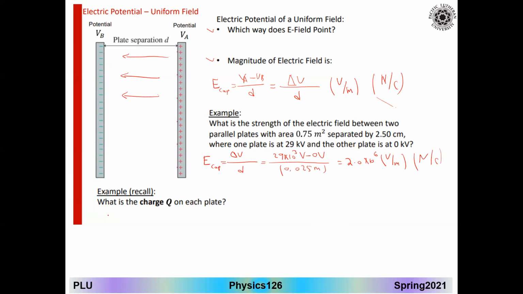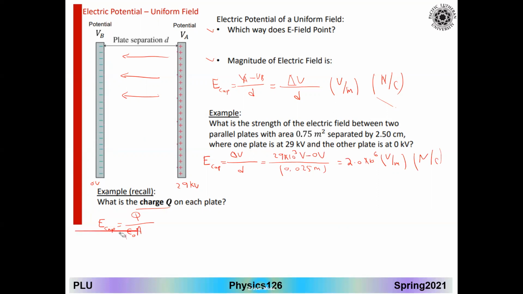Now, the second question asks what the charge is in that situation, when we have a potential difference between the two plates, how much charge we have. We can find it with the formula E equals Q divided by permittivity, epsilon zero, times the cross-section area.